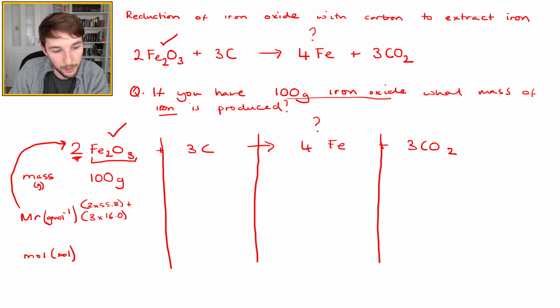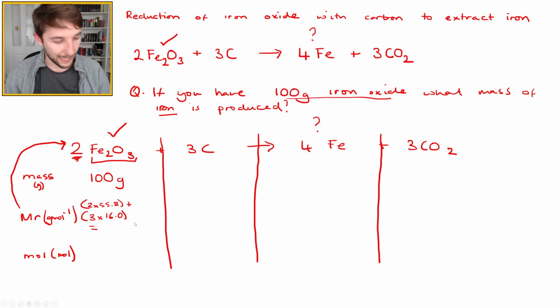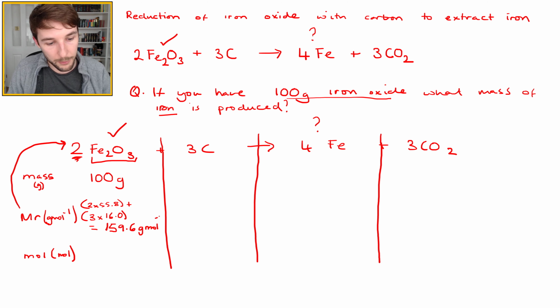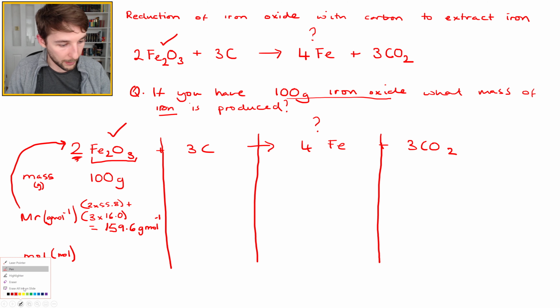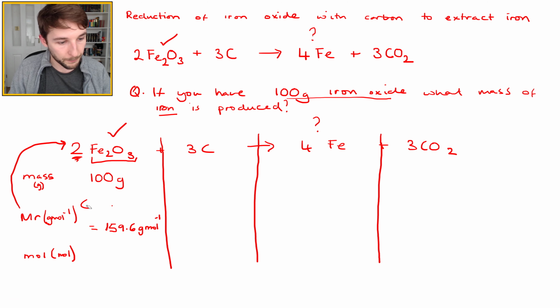So let's work out what that MR was quickly. Okay, I've typed that into my calculator and I've got 159.6 grams per mole. Just to tidy that up a little bit, I am going to get rid of this working, so that we've got some nice clean numbers to work with here.